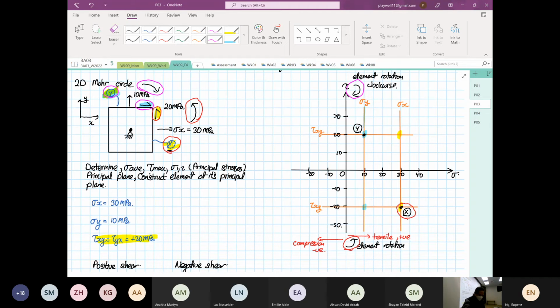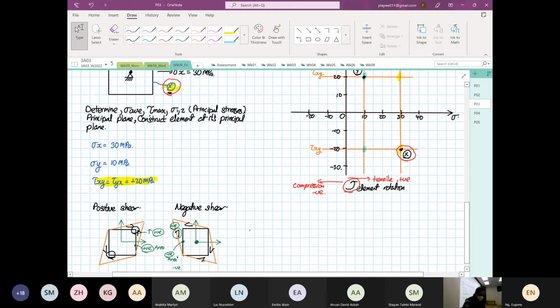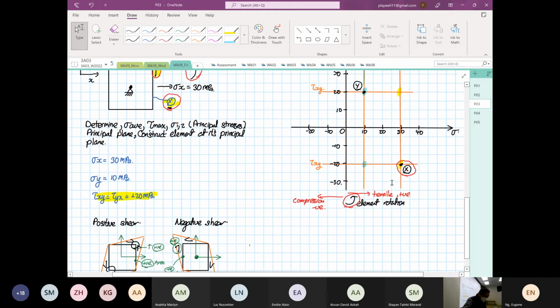Okay. So from here, we can do some very basic calculations. The first thing we're going to do is draw a line from here to here. We'll join them. And where it intersects the zero shear line, I'm going to draw a green line now.